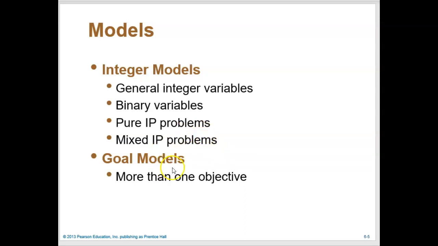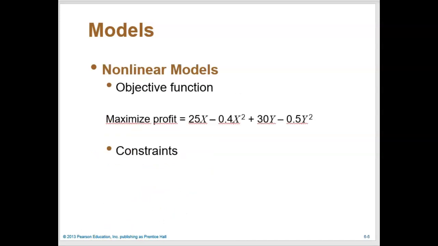Later on, when we move on to the next module, we'll talk about goal programming models as well, where you're going to solve for multiple objectives in the same model. Following that, we're going to be solving nonlinear models.